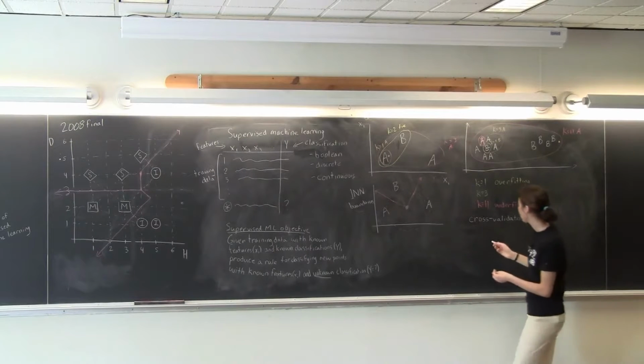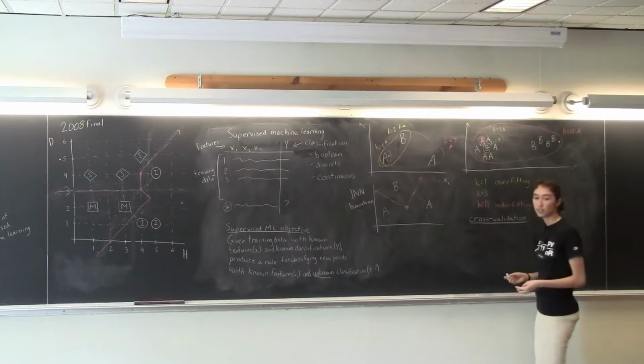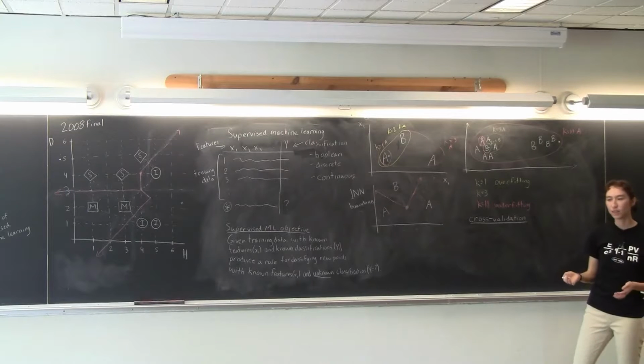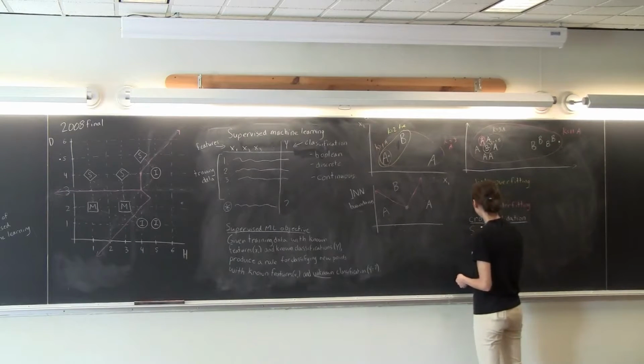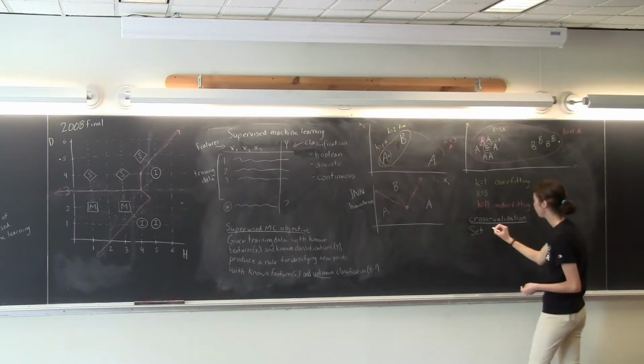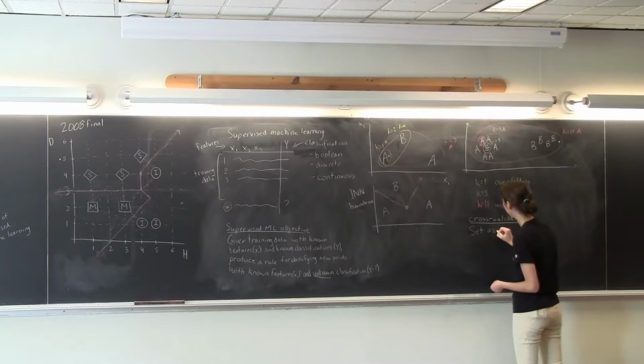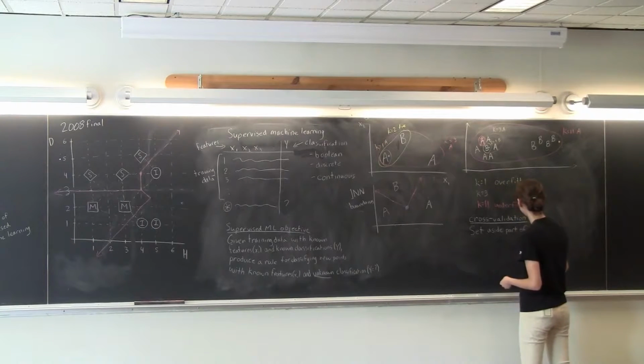So the general idea of cross-validation is we're going to set aside part of our training data and use it as test data. And we can use that to figure out whether we have good parameters. So we'll set aside part of the training data.